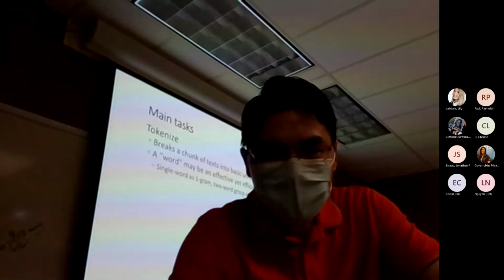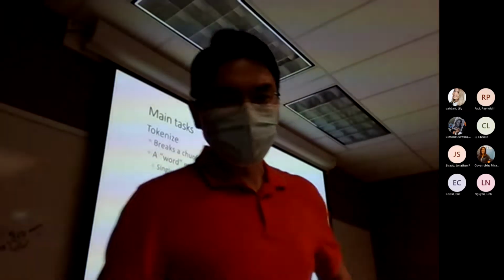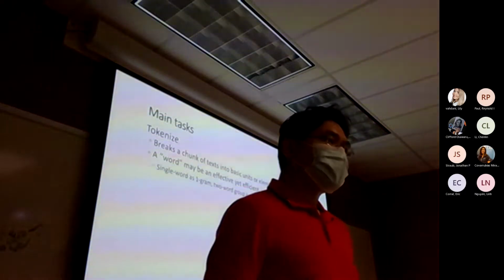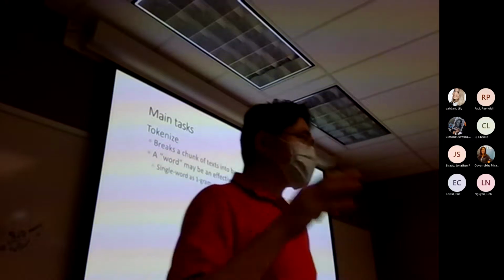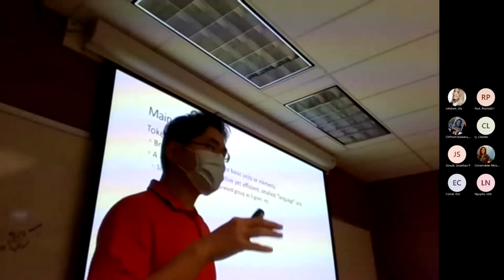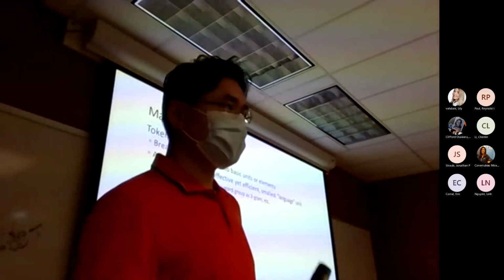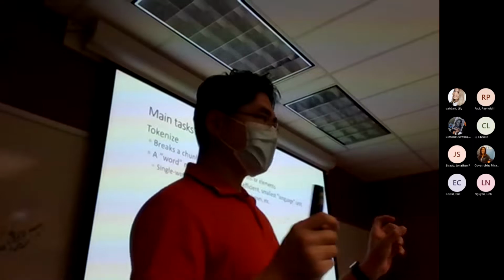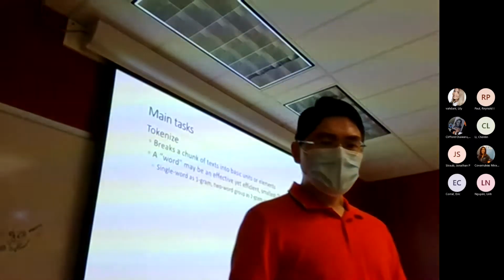All right, just a brief overview. Tokenize, what does that mean? Tokenize is to break the text down into smaller units so the computer can process one at a time, to differentiate different chunks of information so that it can make better judgments.